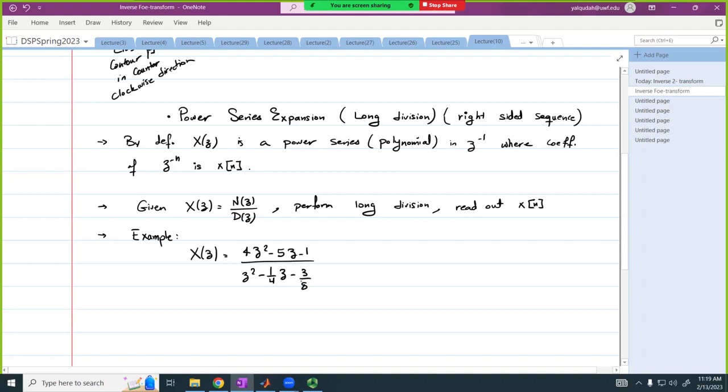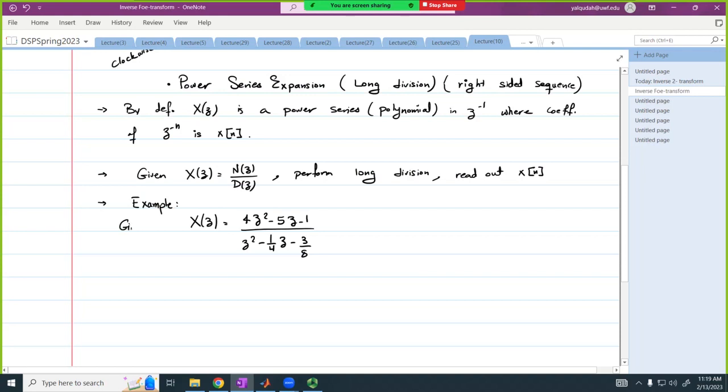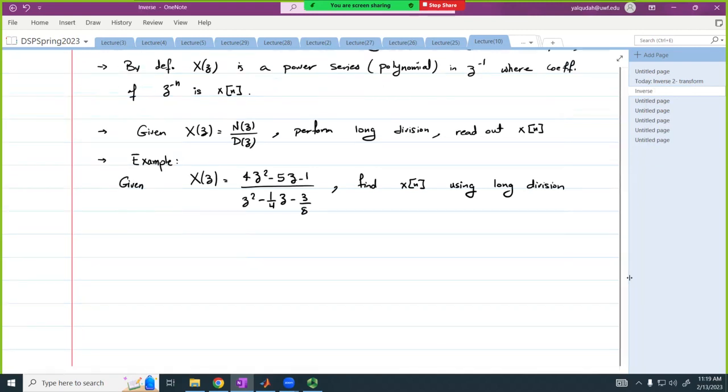So I have a sequence x of n that has x of z that is given by this. I want to know what this x of n is. So what we're going to do, we're going to use the long division to find what x of n is.